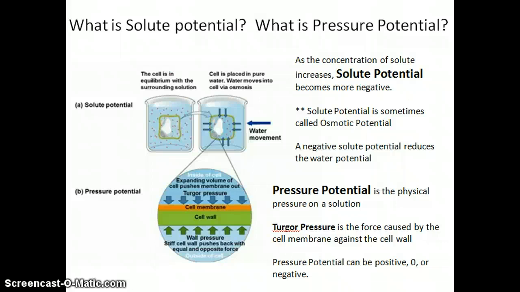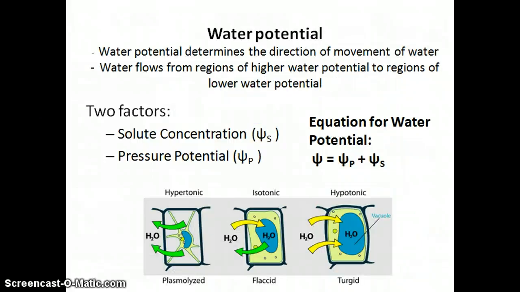Also, I want to remind you that solute potential is sometimes called osmotic potential, so keep that in mind in terms of terminology. A negative solute potential reduces the water potential from the equation from before.